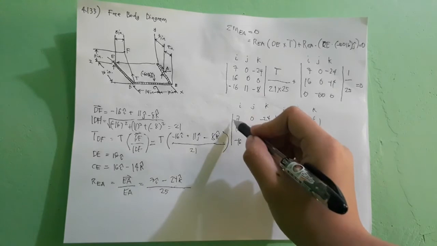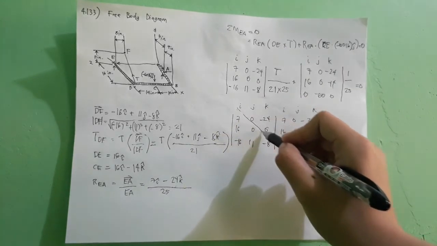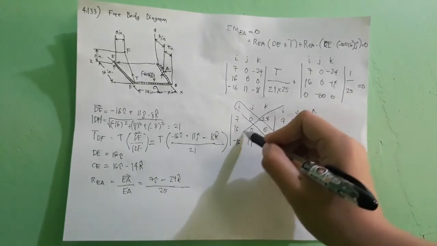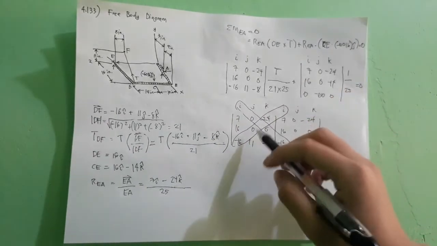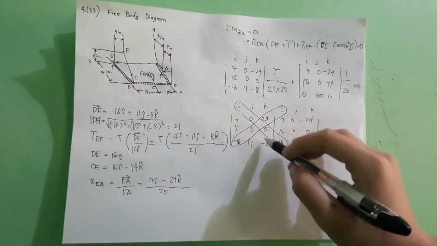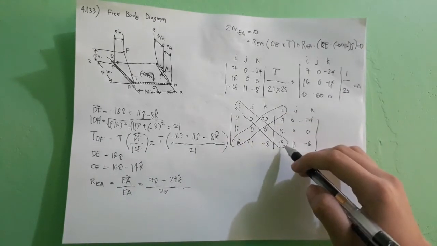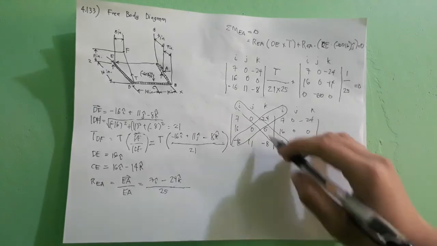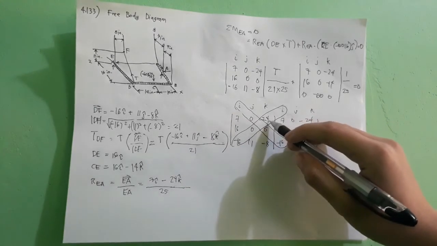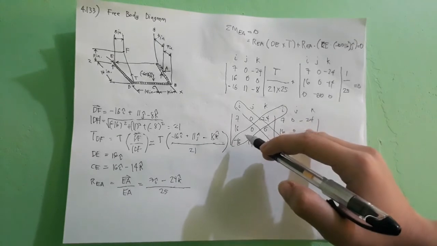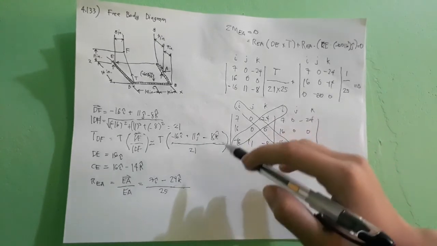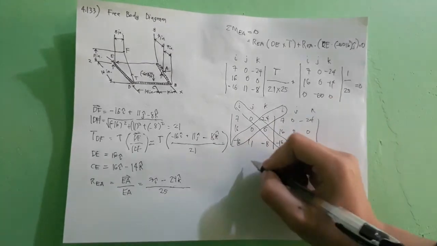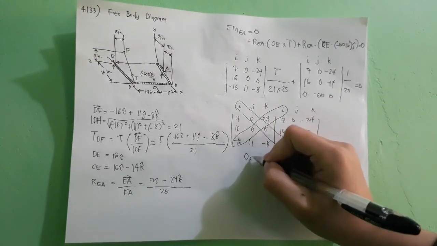First is this and this: 0 times negative 16 is equal to 0. Then negative 24 times 0 times negative 16 is equal to 0 too. So 0 minus 0 is equal to 0i.